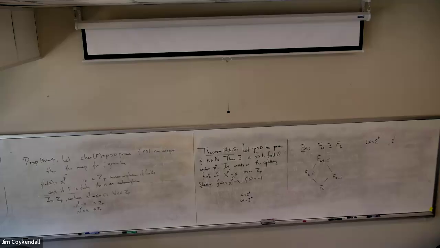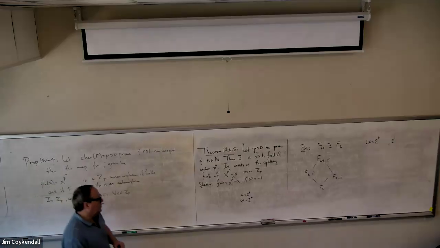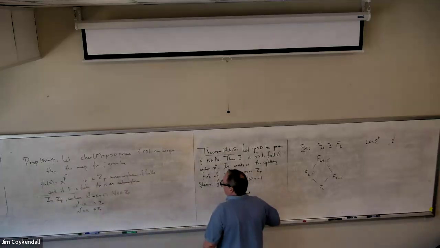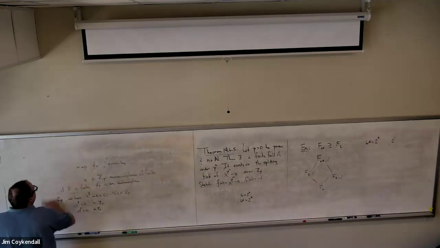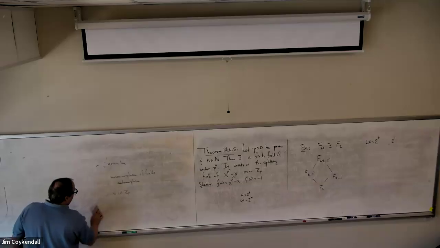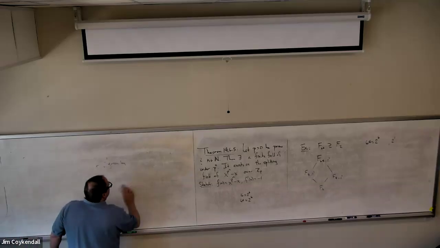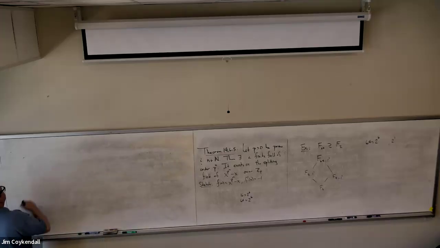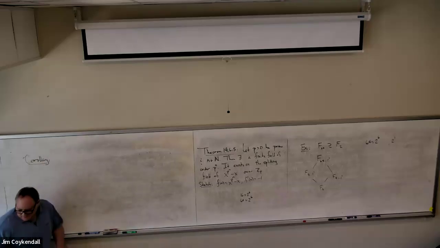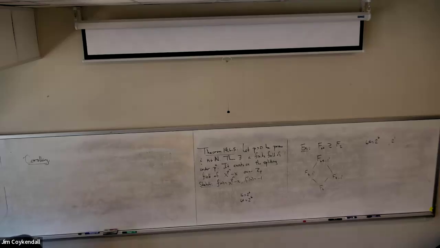Okay, corollary. This was one of my favorites. So I've already kind of talked us through the corollary that there's a field of order p to the n for every n, and it's unique. Here's another corollary, which is really cool.